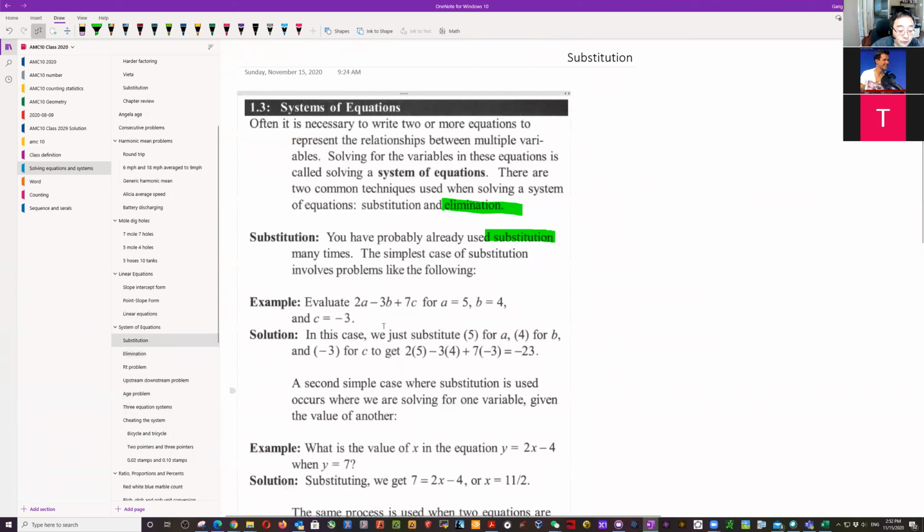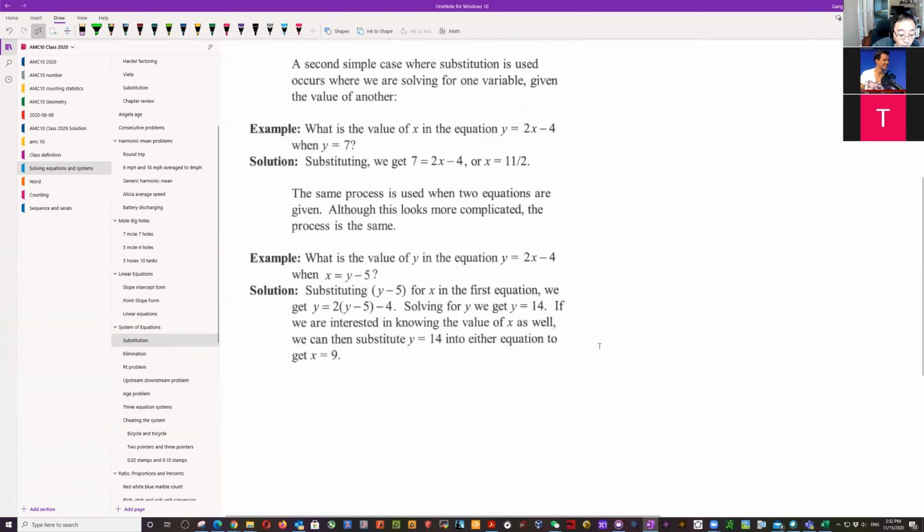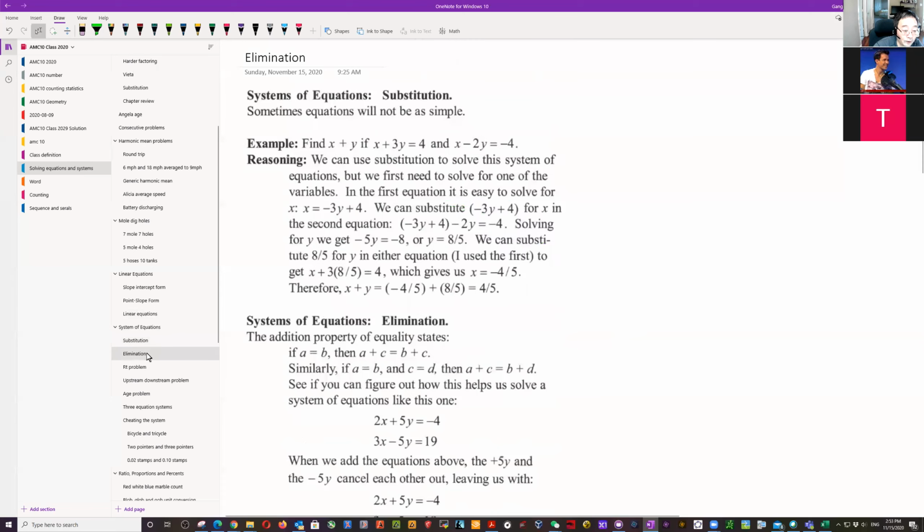Substitution is especially easy in terms of how you choose what to substitute. When one of the equations is already solved, or both are solved, it's very easy to use.